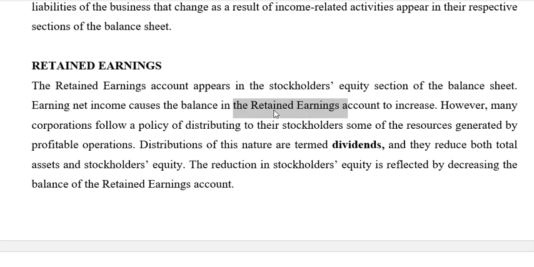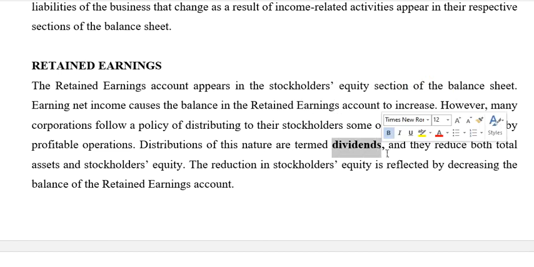Also, from retained earnings we can withdraw and distribute some money among the shareholders, and that distribution is called dividend. So a dividend is a portion of the profit and retained earnings that is distributed among the shareholders annually.